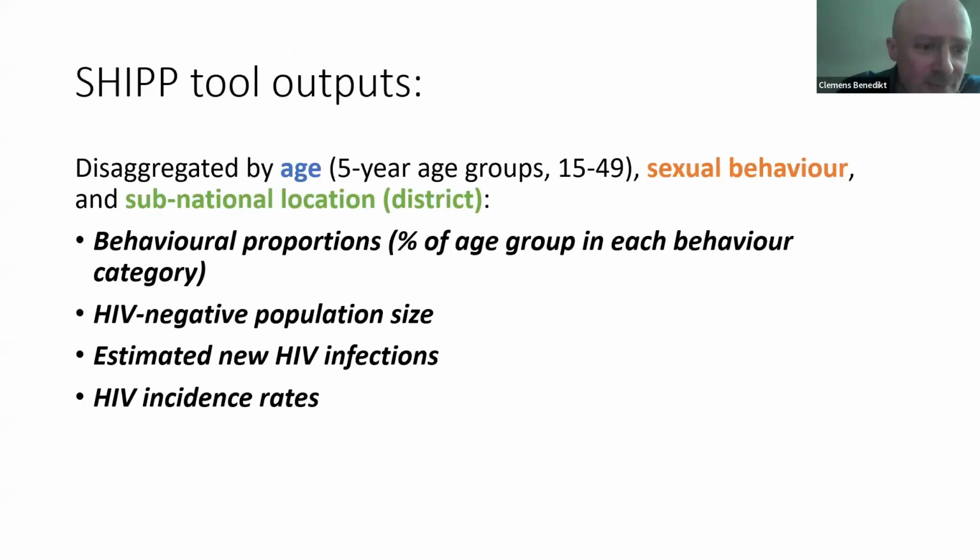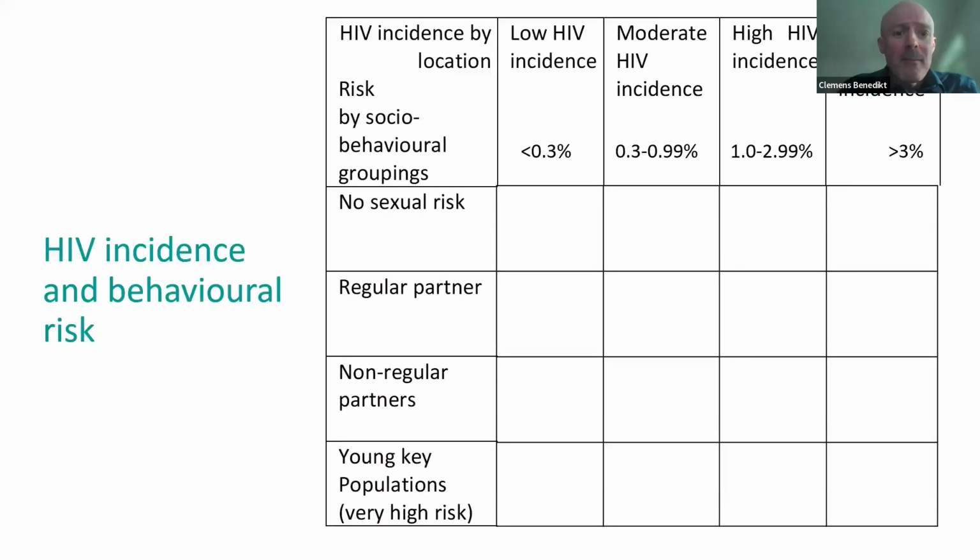The tool has different outputs: behavioral and population information, population sizes, estimated new HIV infections and incidence rates, with both absolute numbers and rates represented. And here we just show the logic of this tool.